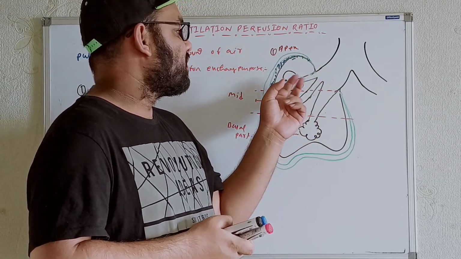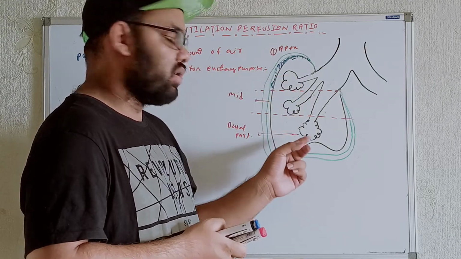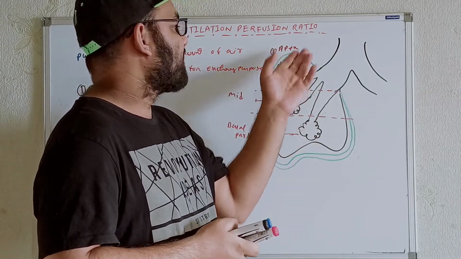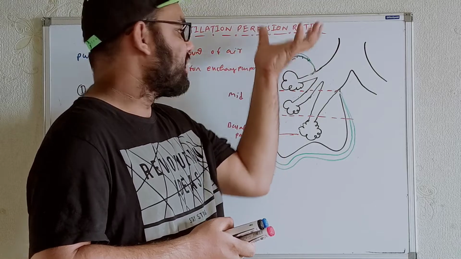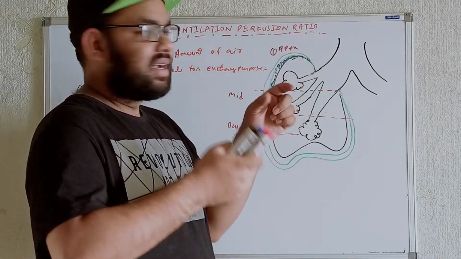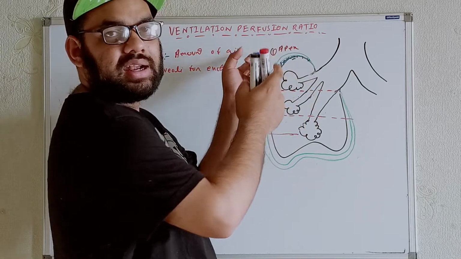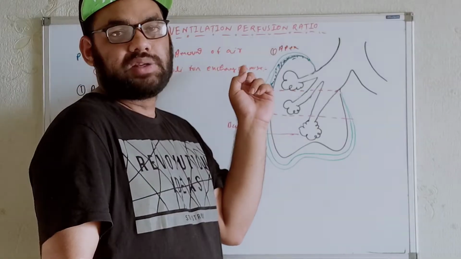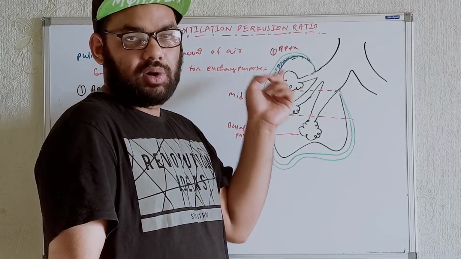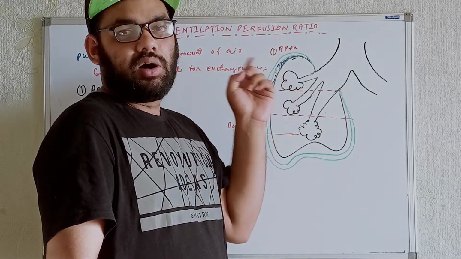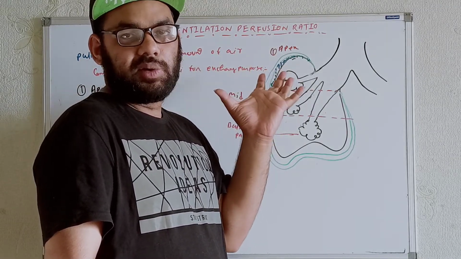Here the gravitational force works more. So the apex is trying to expand outward and the lung is trying to come inward. As a result, we get intrapleural negative pressure, and for that we get expansion of the alveoli.